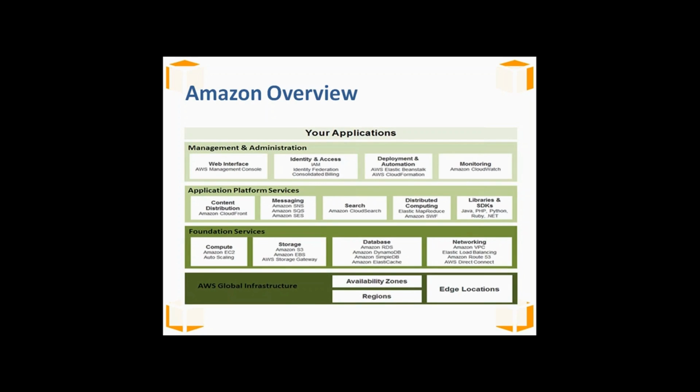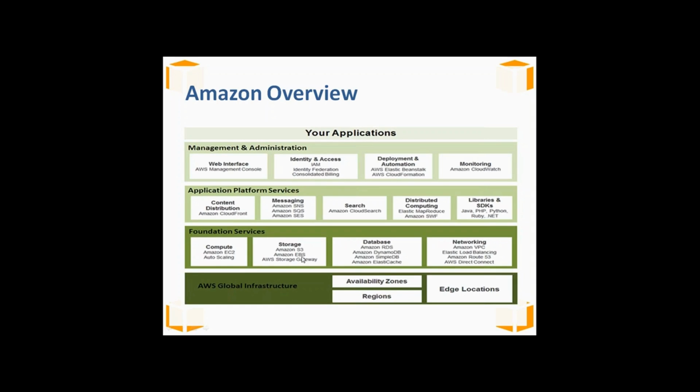Now let's talk about the second one, Amazon EBS. EBS is Elastic Block Store. What does Elastic Block Store try to do? It provides persistent storage for EC2 instances.